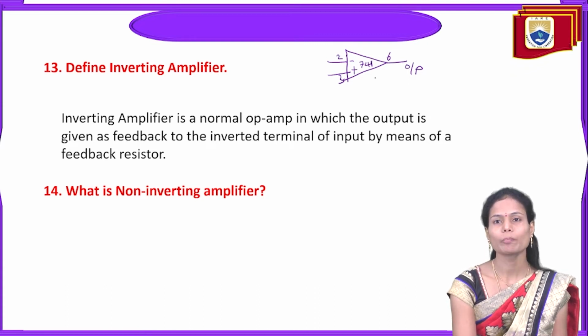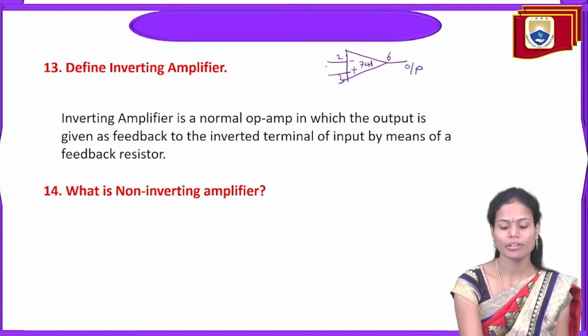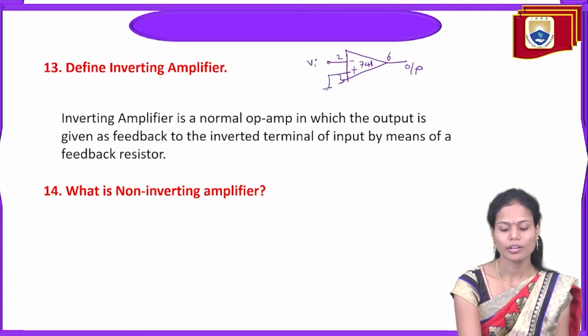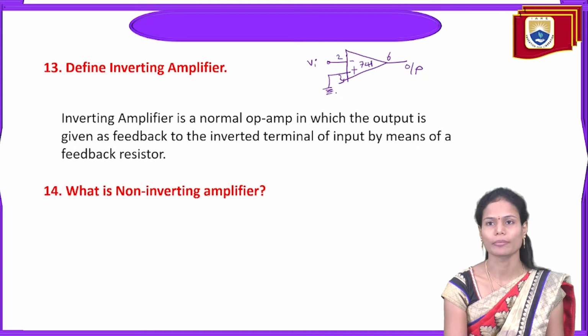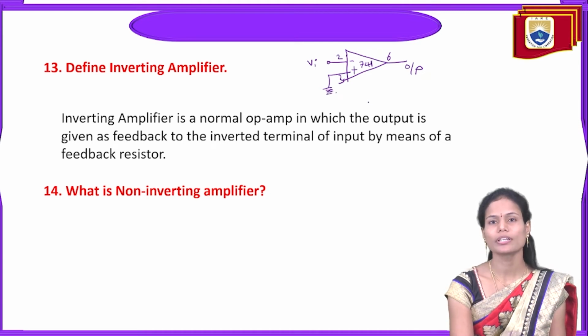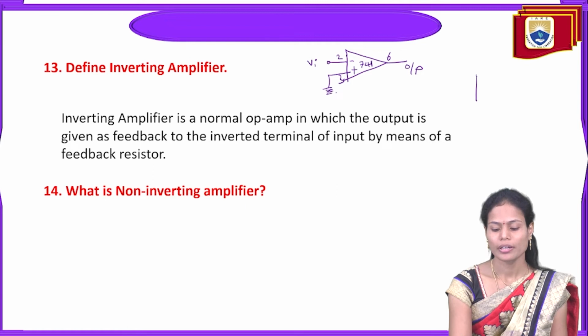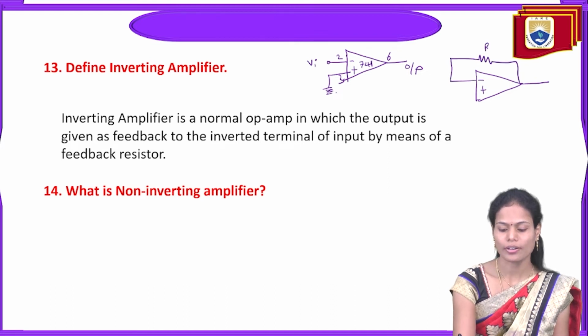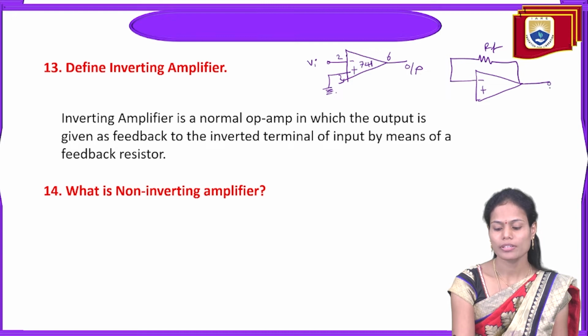So it is the open loop inverting amplifier whenever we provide the input to the inverting terminal and the non-inverting terminal is grounded. And this same inverting amplifier we can implement using feedback. Using feedback resistance RF, I am connecting some portion of the output voltage back to the inverting terminal of the operational amplifier.